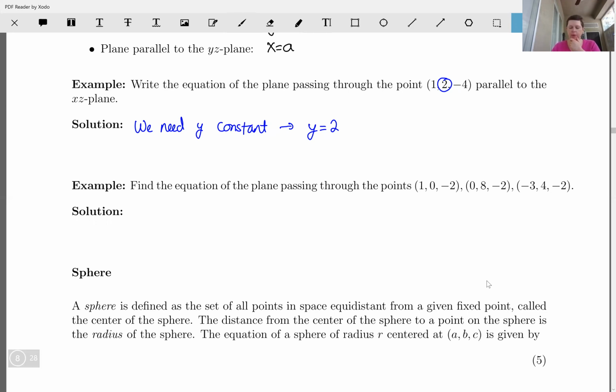The Y components are also all different, but the Z coordinate is identical in all 3 points, which means that the equation must be, what do you think? If you said Z is equal to -2, then you are absolutely correct.